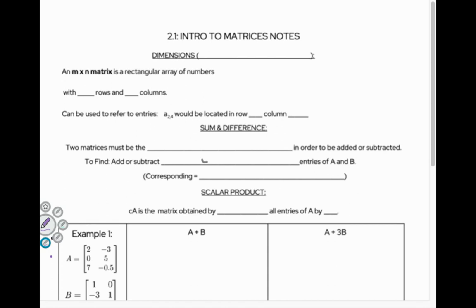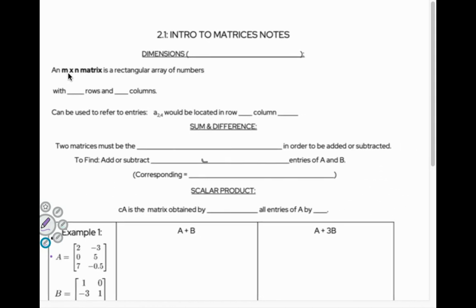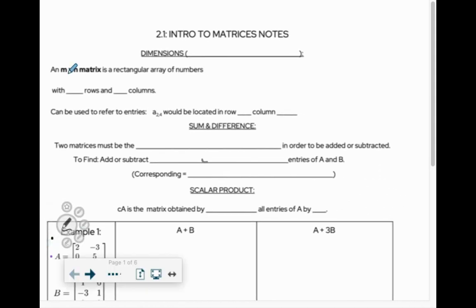So what we're going to do is say that a matrix is, say, n by n. And what that means is that there are n rows and n columns. So when we're talking about dimensions, it always is going to go rows by columns.